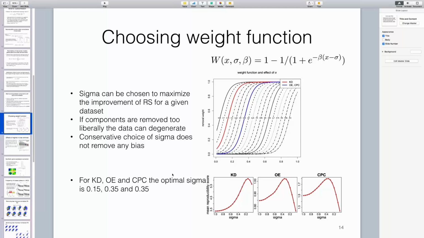Finding a maximum in just the reproducibility score wouldn't work, because you actually remove correlations from the data. If you remove variance, you generally remove some correlation. So if you look at the absolute correlation of the replicates, you might actually reduce it a little bit. But the important thing is that you remove much more correlation from samples that are not true replicates.